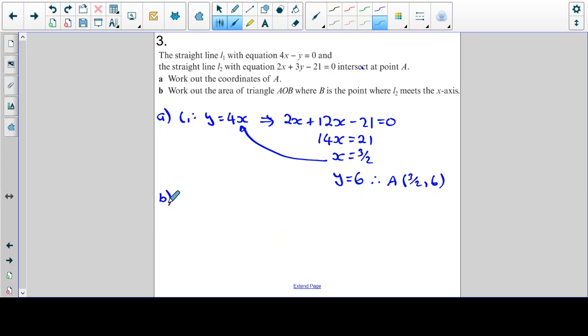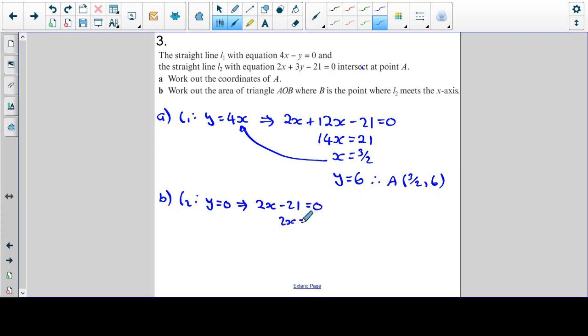Part B, we want to find the area of triangle AOB, where B is where L2 meets the x-axis, O is the origin. So for line 2, when it's meeting the x-axis, that's where y is 0. We get 2x minus 21 equals 0.